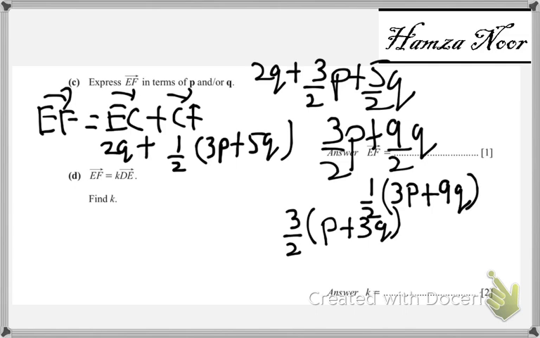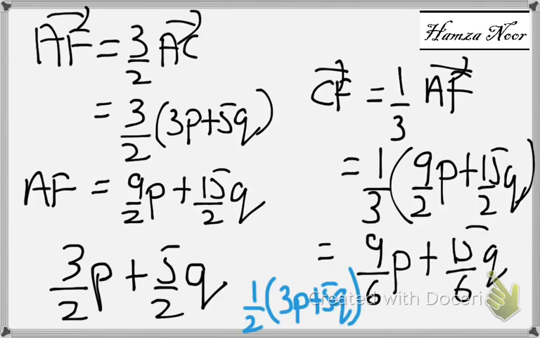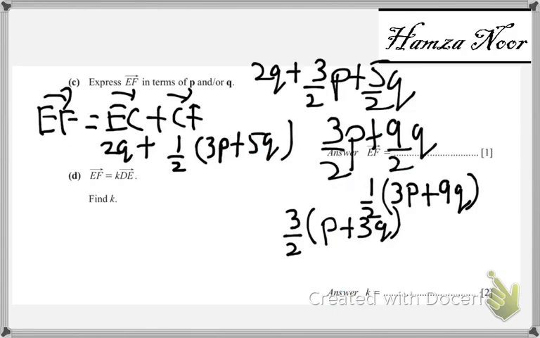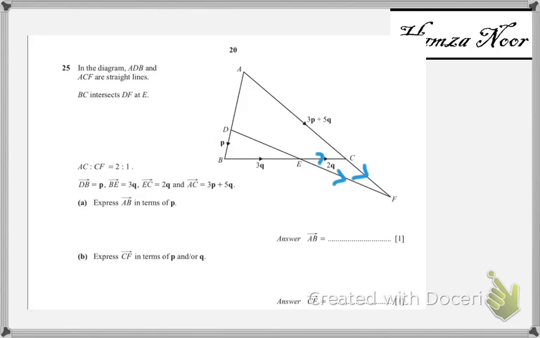Alright. In the next part it is said that EF is equal to k times DE. Find the value of k. What is the vector EF? The vector EF is 3 over 2 times p plus 3q. And what is the DE vector? Let's have a look at the DE vector. DE vector means DB plus BE.